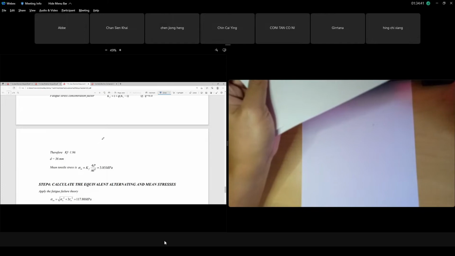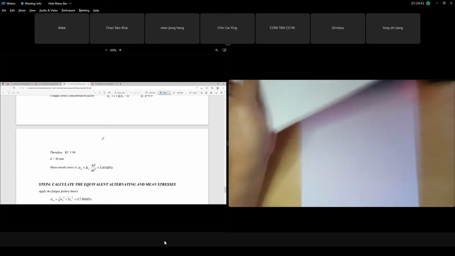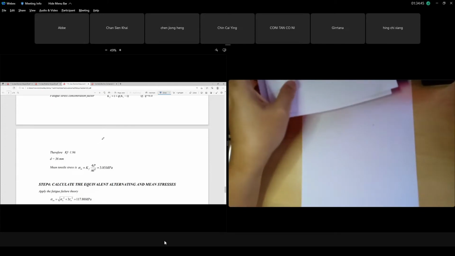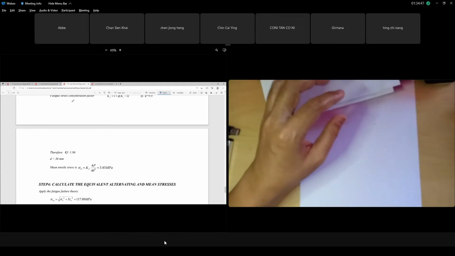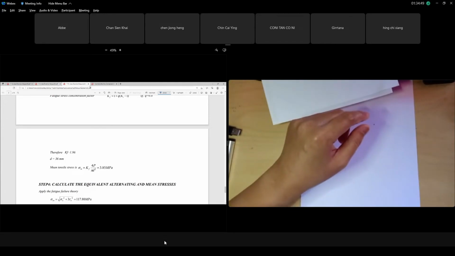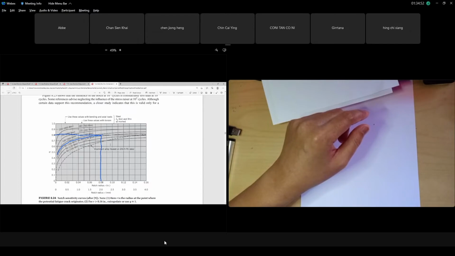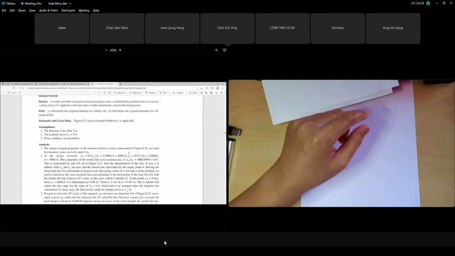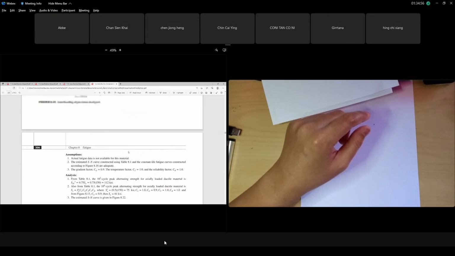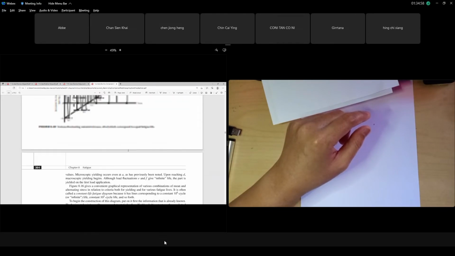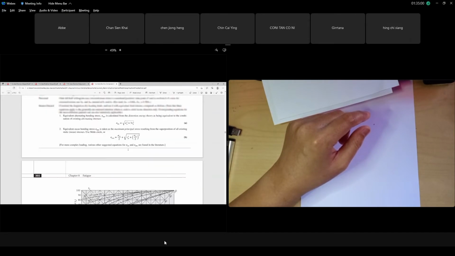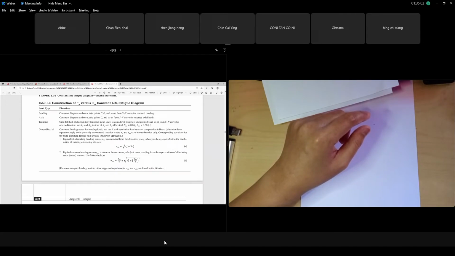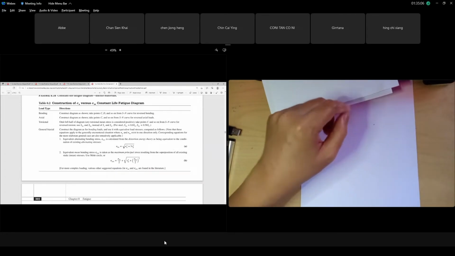Okay, remember the equation in your textbook, chapter 8, on this page, when you combine stress. Take note of the combined equation, sigma EA, remember your sigma EA.